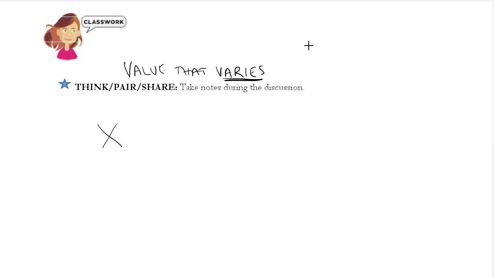So for example, we have our formula in physics that says that force is equal to mass times acceleration. It tells you how to calculate the force in newtons of that object. And in this formula, there's no way to say, oh yeah, m, I know what m equals.